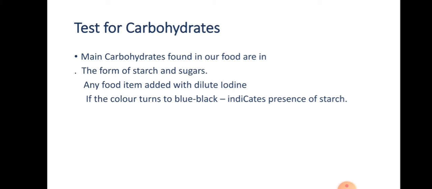There may be tincture iodine in our first aid box. We can take that, add a few drops to a test tube half filled with water, and we will get the dilute solution of iodine.